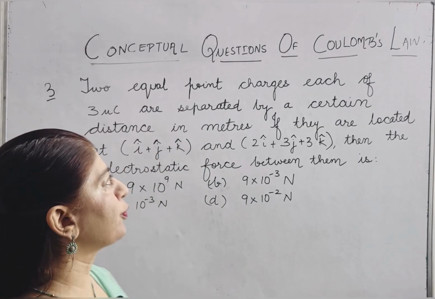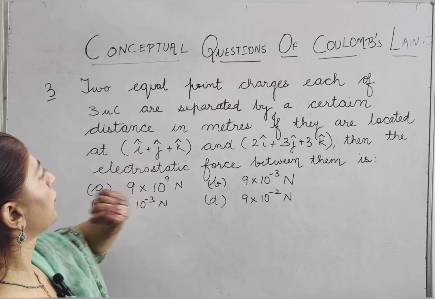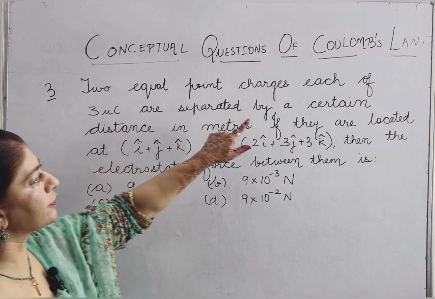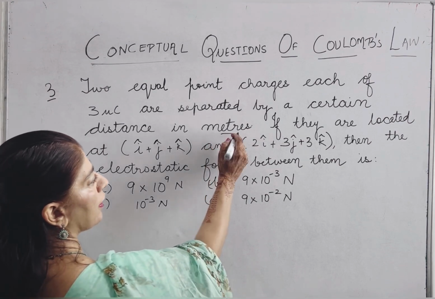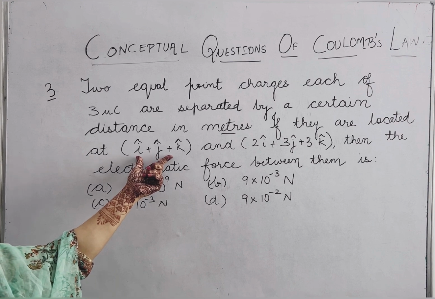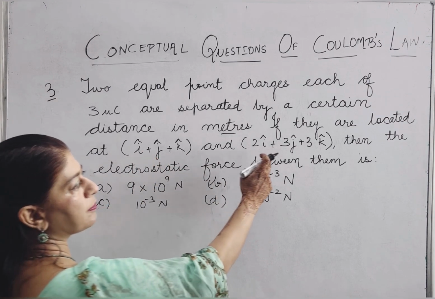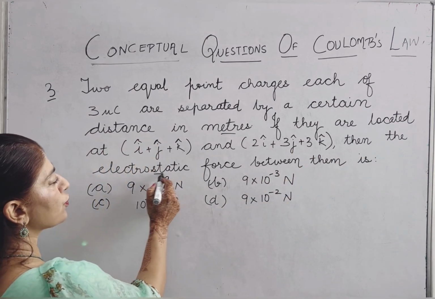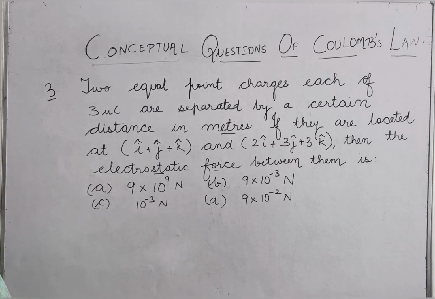Our third conceptual problem is: two equal point charges, each of 3 microcoulomb, are separated by a certain distance in meters. If they are located at the positions i cap plus j cap plus k cap and 2 i cap plus 3 j cap plus 3 k cap, then the electrostatic force between them is, and these are the four options given.